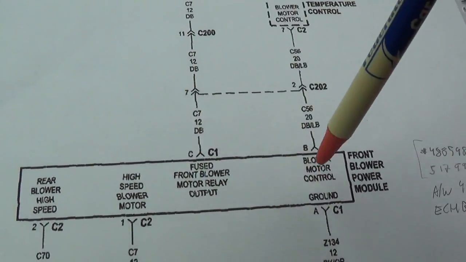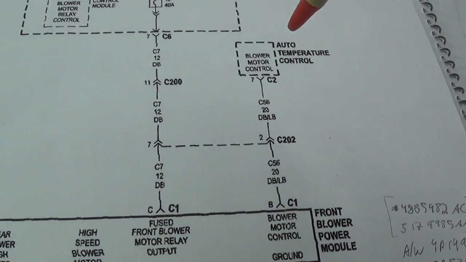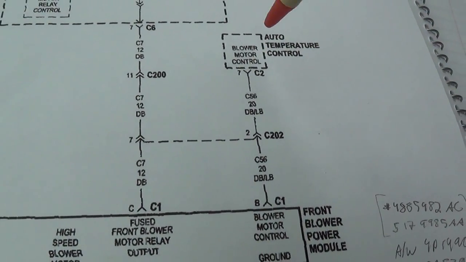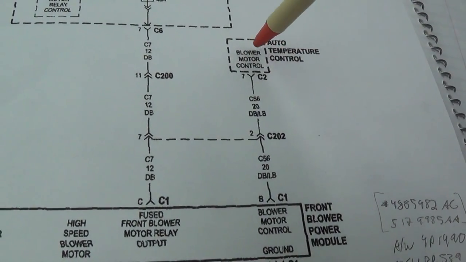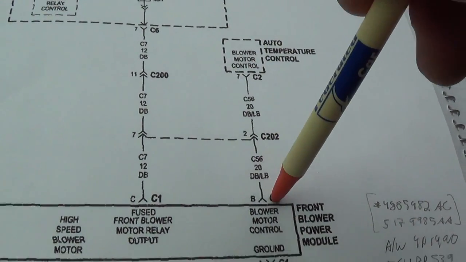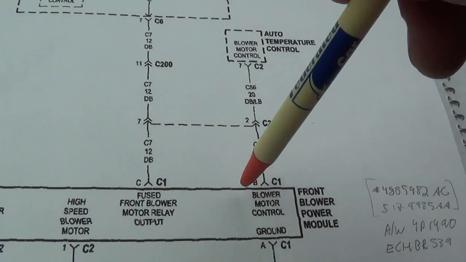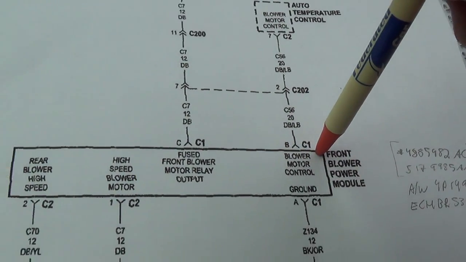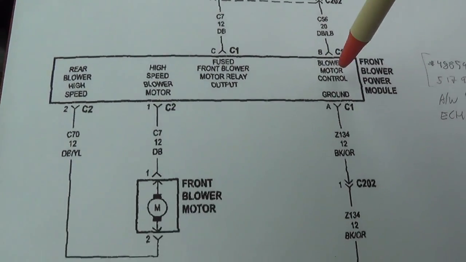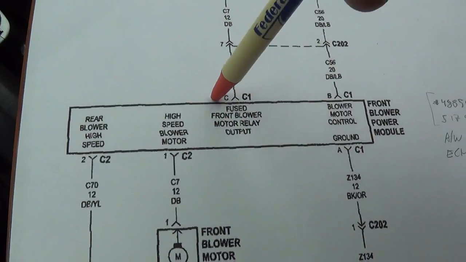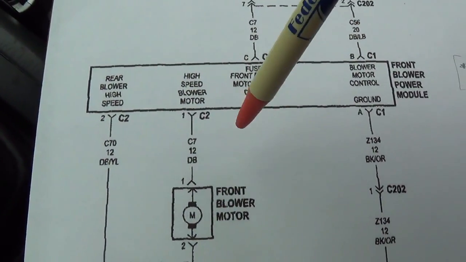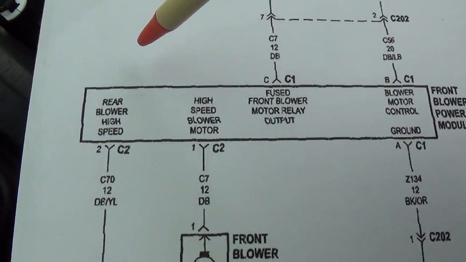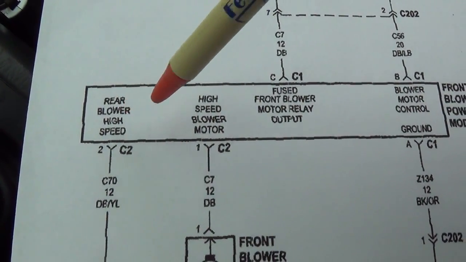Again, Chrysler diagrams, I mean the labeling is usually way off. Then our head unit, the knobs, this is a low current, probably pulse modulated signal to this smart module. Then we have our ground, and these two pins control the current to the blower motor. Now I don't know why it says rear blower high speed blower motor.